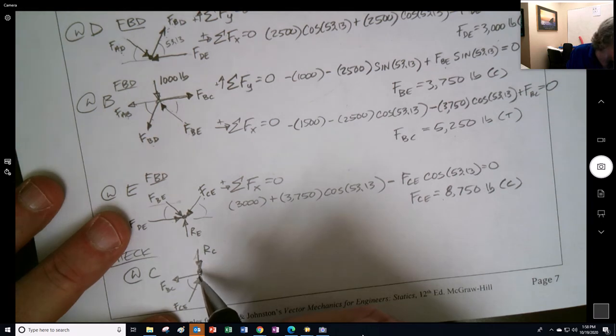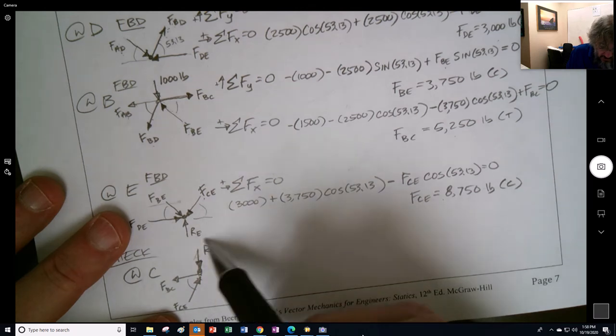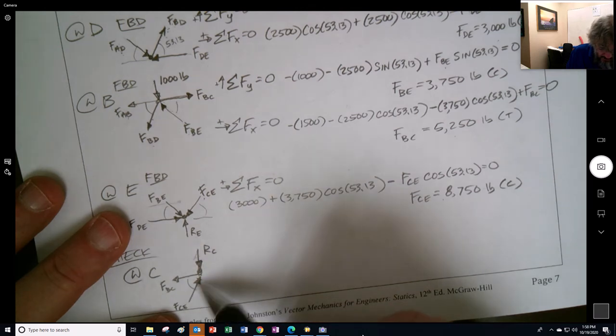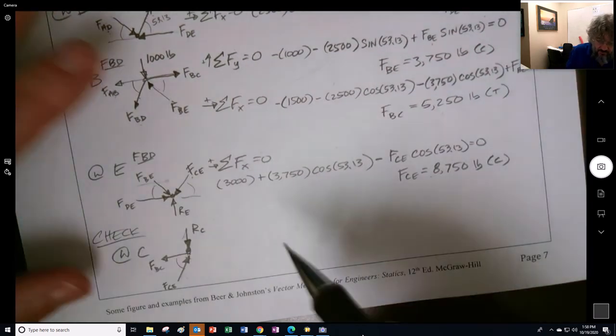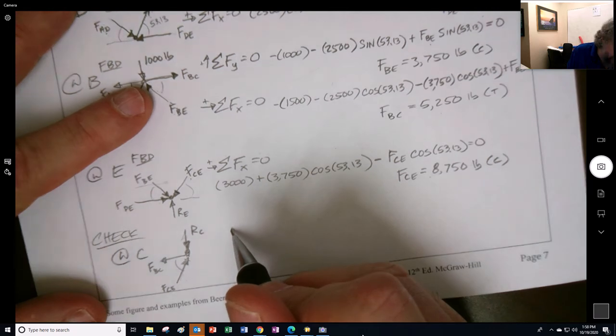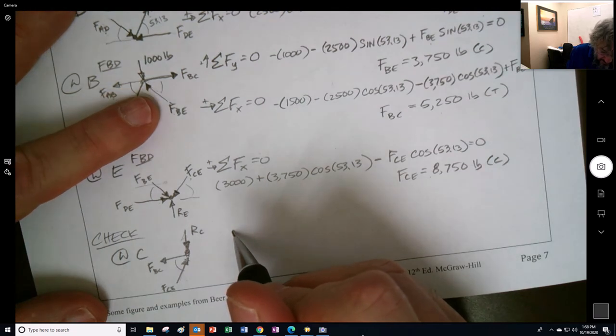We could go from the sum of the forces in the y direction or the sum of the forces in the x direction. Either way, because we know what this is in the y direction, so we're able to find out what this is. Or we could do it the other way. So there's a number of things where they cross over with each other. And I don't know if I actually found this out right here.